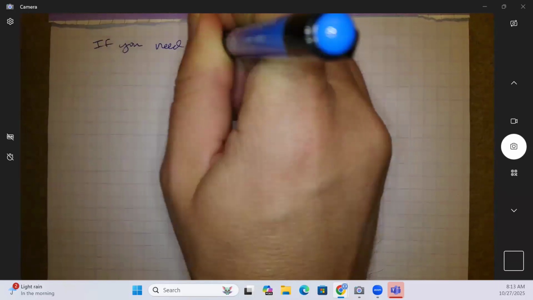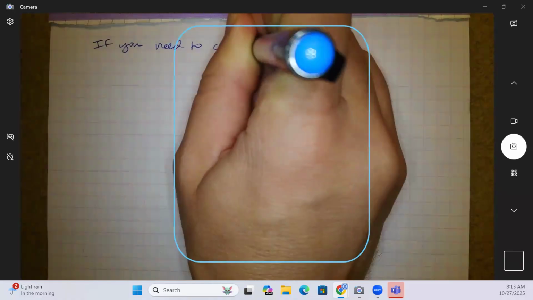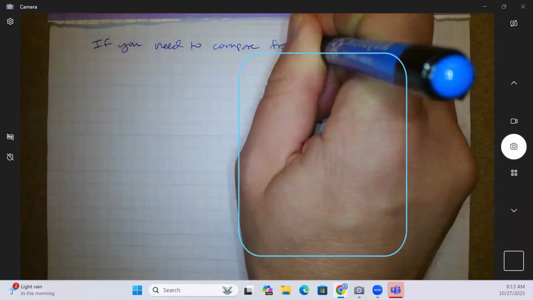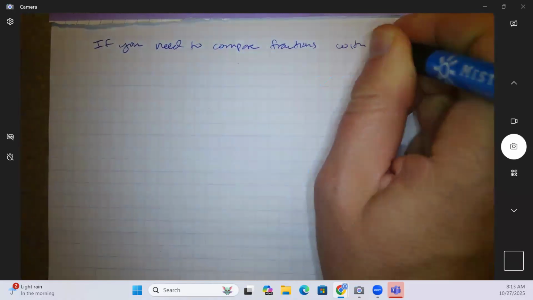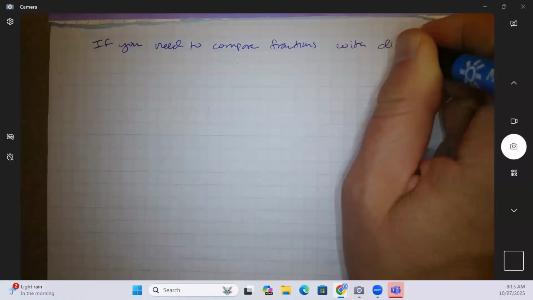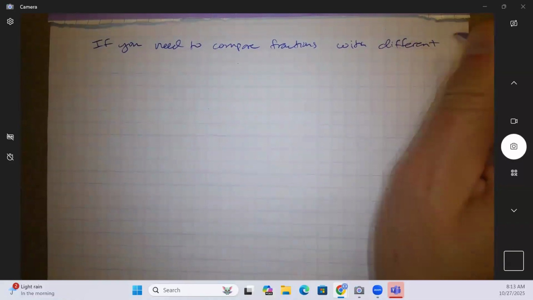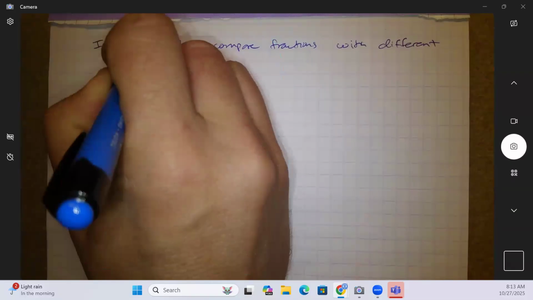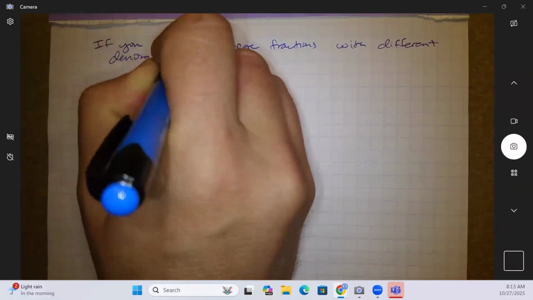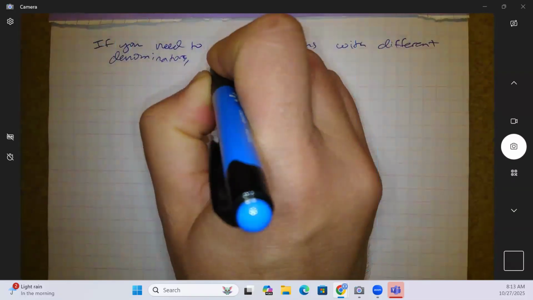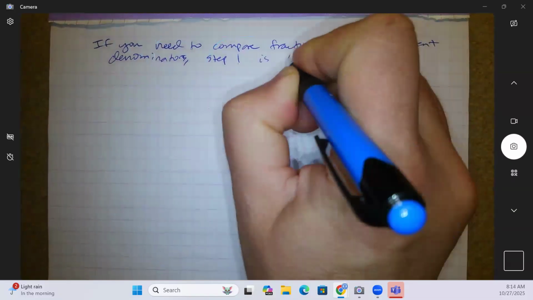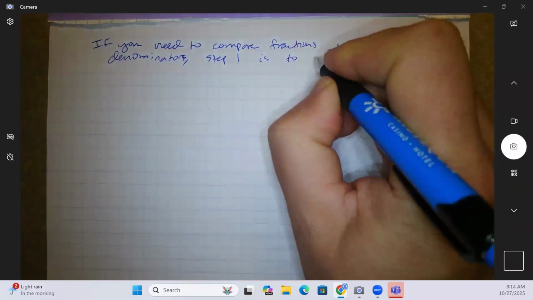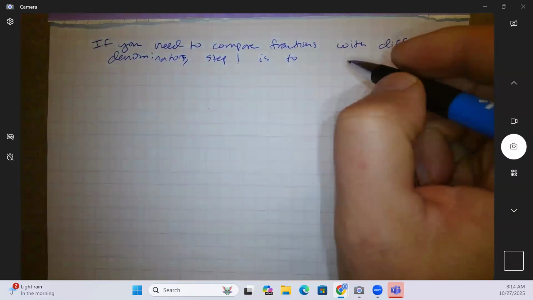You need to compare fractions with different denominators. Step one is to find equivalent fractions.